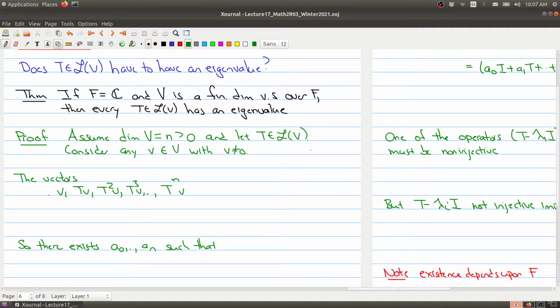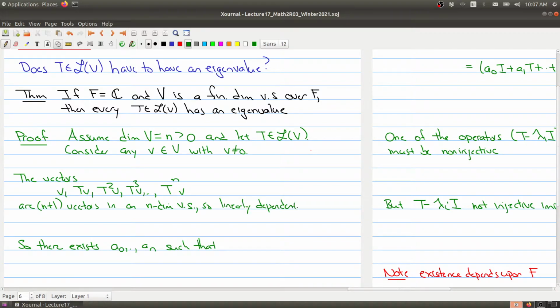And then look at this collection of n+1 vectors that you get. So you take v, Tv, T squared v, T cubed v. So you're just taking v and plugging it into T over and over again, and you're getting a list of n+1 vectors in an n-dimensional vector space, so they're linearly dependent.